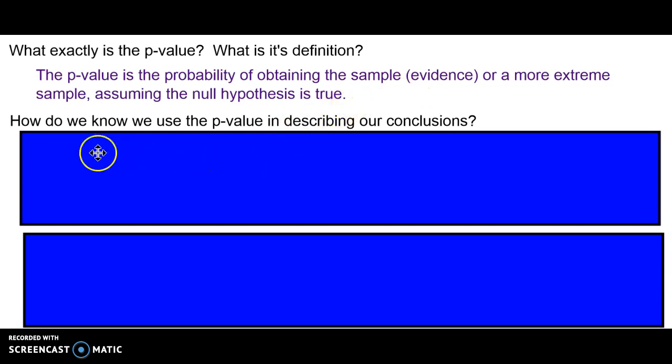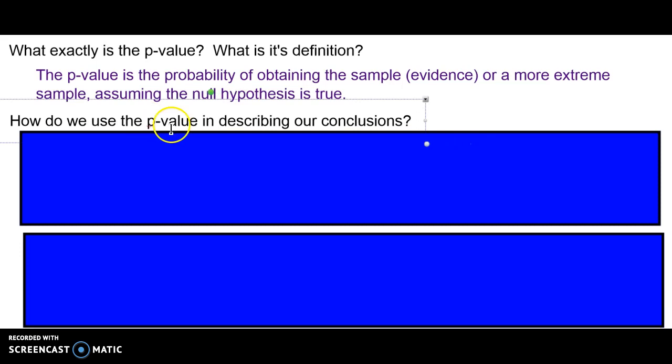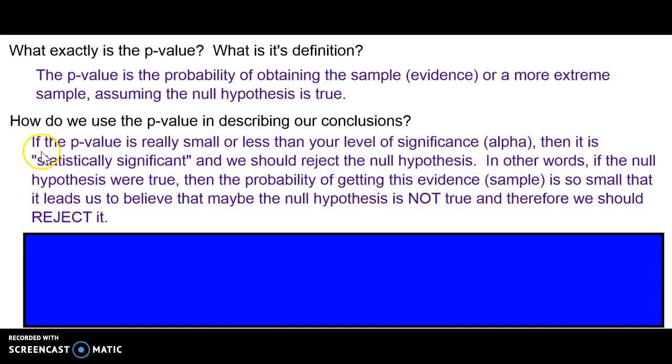So let's go a little bit more detailed here. How do we use the p-value in describing our conclusion? So here we go. If the p-value is really small, or less than your level of significance alpha, then it is statistically significant and we should reject the null hypothesis.